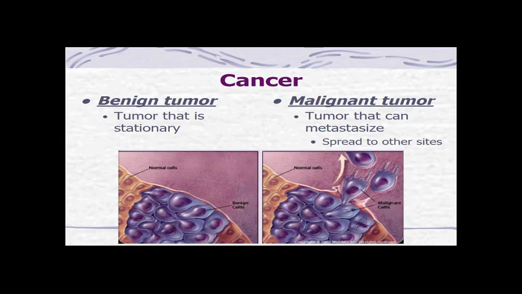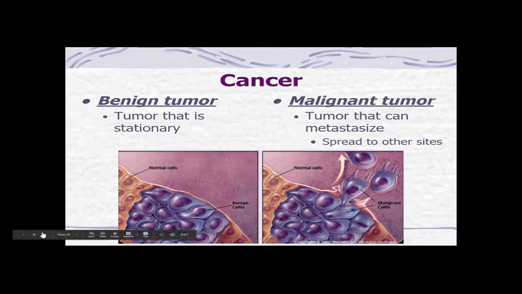On the other hand, malignant tumors are usually what we associate with cancer, the disease. A malignant tumor has the ability to metastasize. That means it can break off from where it began and spread to other sites, which is what happens when cancer spreads throughout the body.